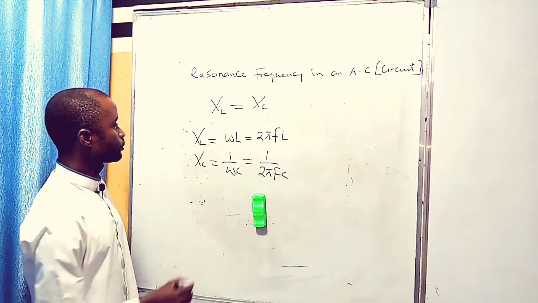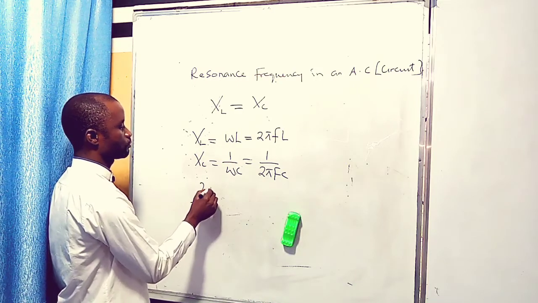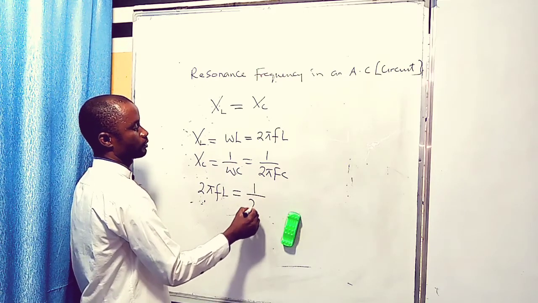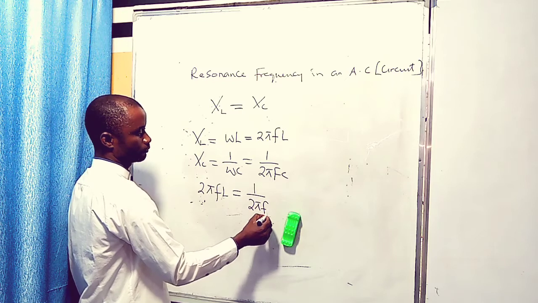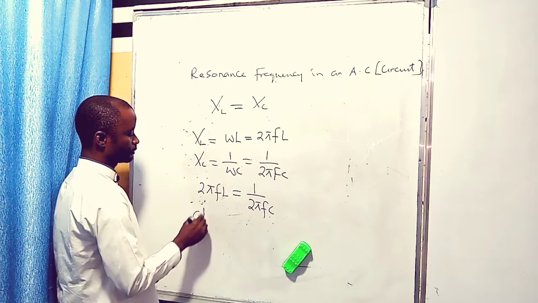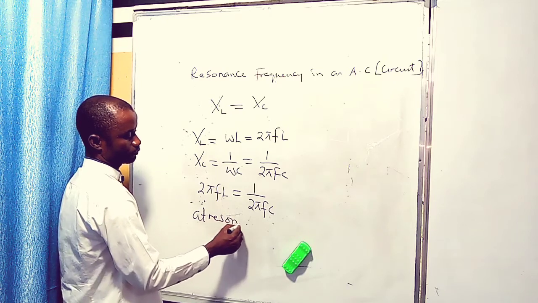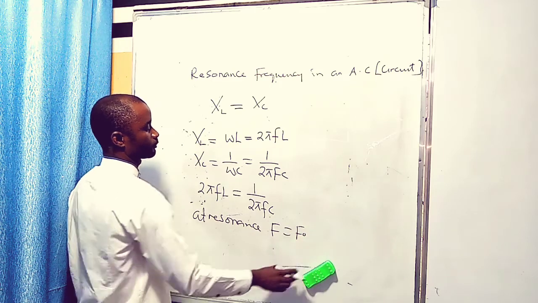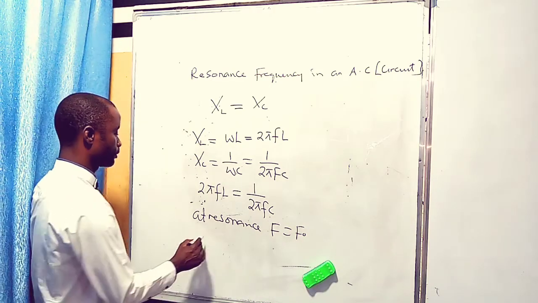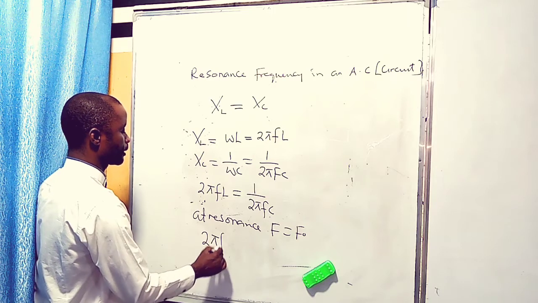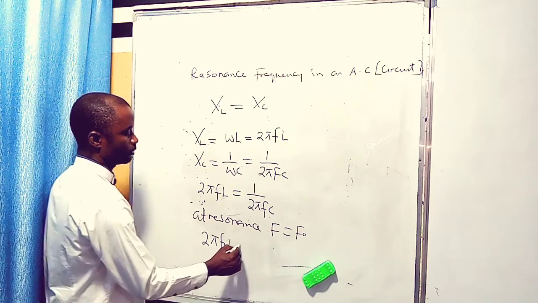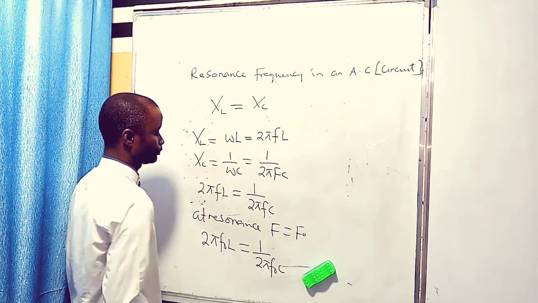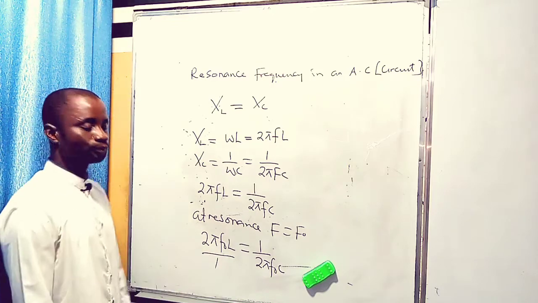Now, equate the two equations. That's, we have 2 pi fL equal to 1 over 2 pi fC. At resonance, f is equal to f naught. Therefore, anywhere you see f, put f naught there. Then we have 2 pi f naught L equal to 1 over 2 pi f naught C. Make this equation over 1.